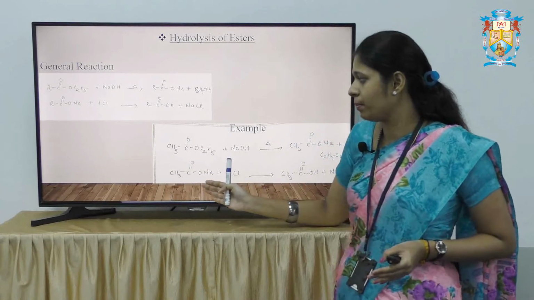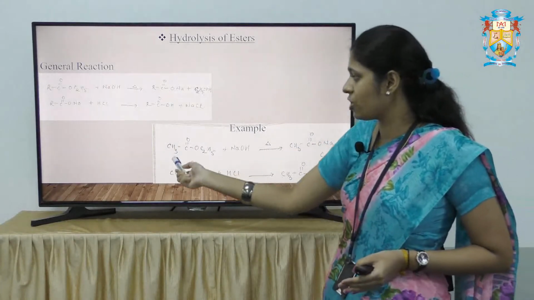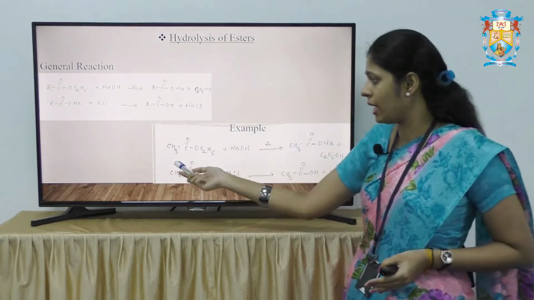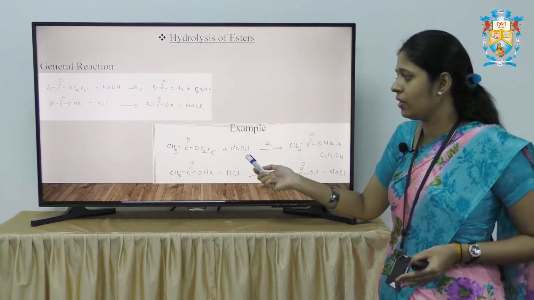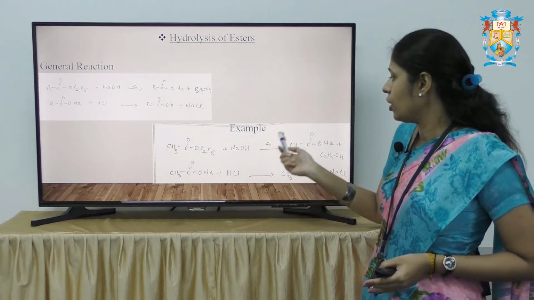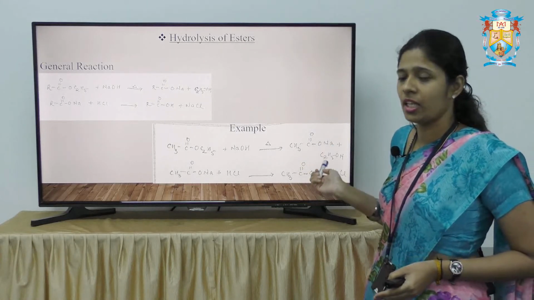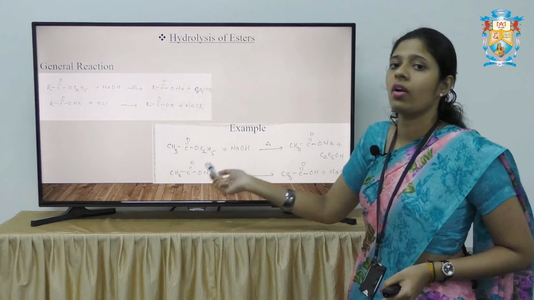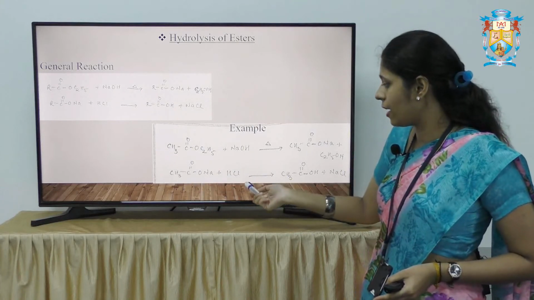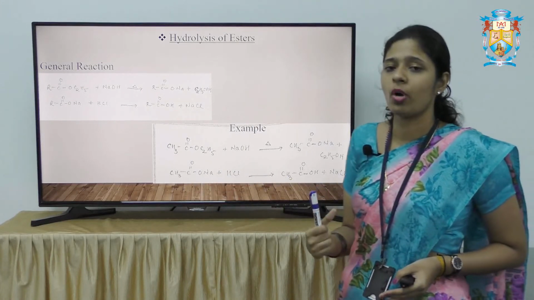So here is the example where we have used CH3 in place of R, that is your alkyl group. In this example NaOH on heating gives the sodium salt of the ester. Then further the byproduct is ethanol. Then this salt on addition of acid, that is acid hydrolysis, gives the carboxylic acid.